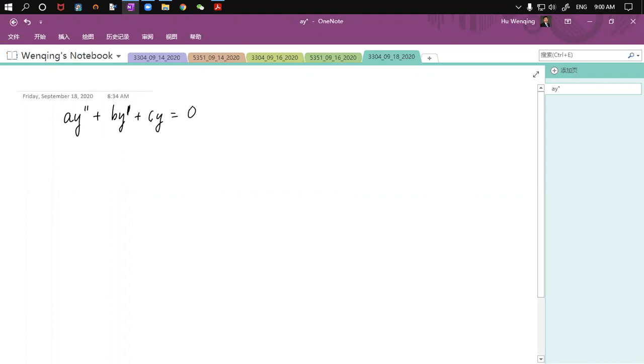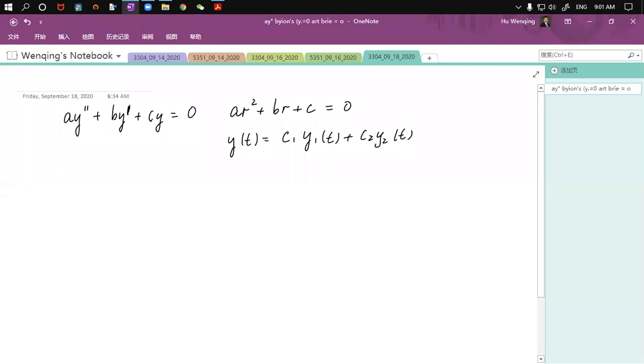We know how to solve this equation by considering ar squared plus br plus c is equal to 0. Then there's going to be a solution y of t is c1 y1 of t plus c2 y2 of t. That's how you find a solution to the homogeneous constant coefficient equation.